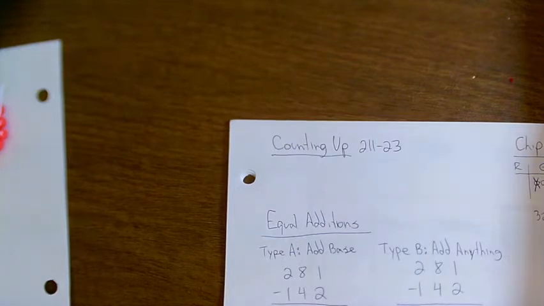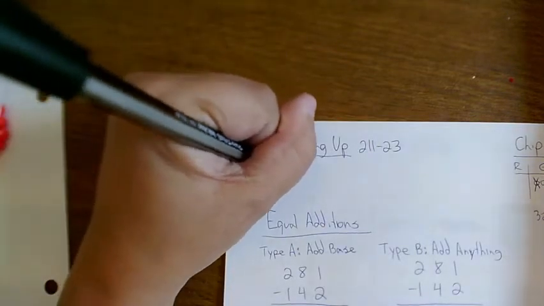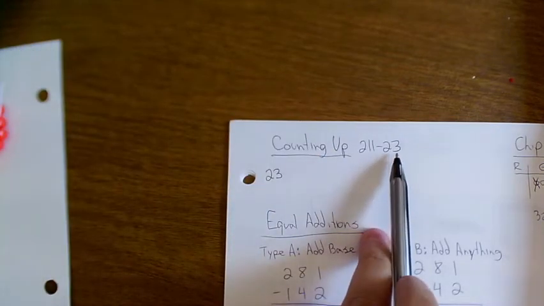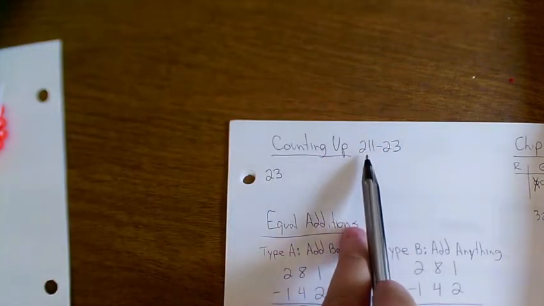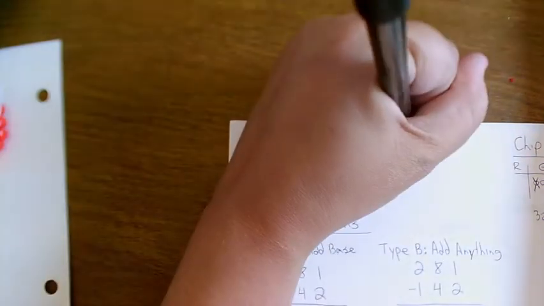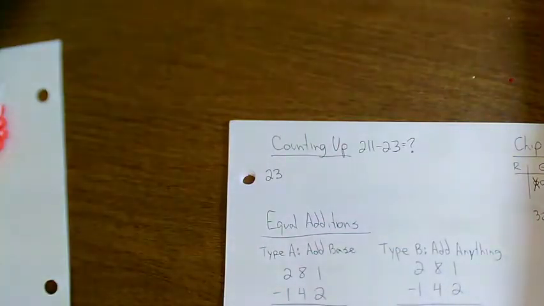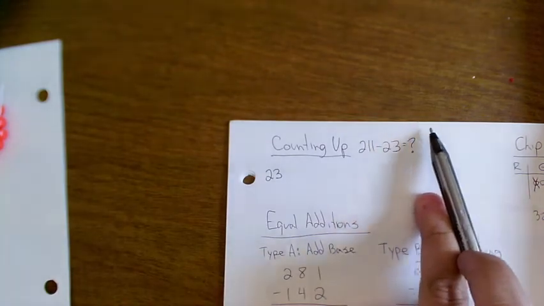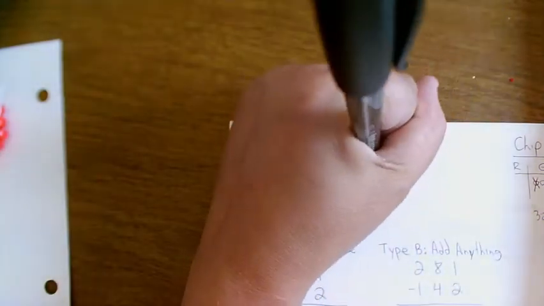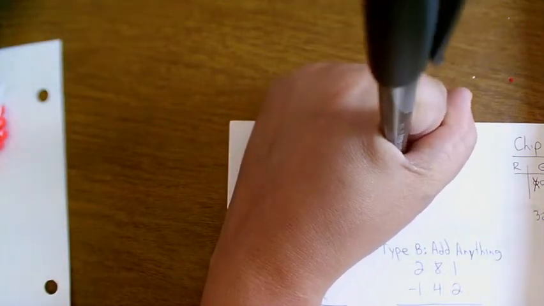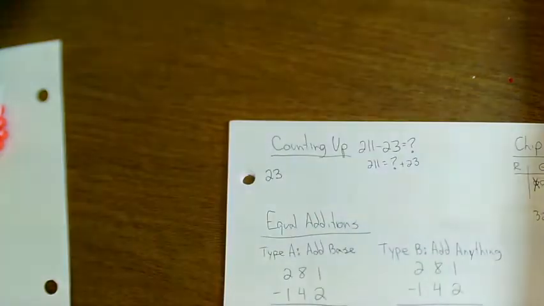So with counting up, you want to start with the number 23, the smaller number that you're taking away, and count back up to 11. So essentially, if you think about this as an equation, this is like 211 minus 23 equals something. So if you move the 23 to the other side, 211 is going to be something plus 23.